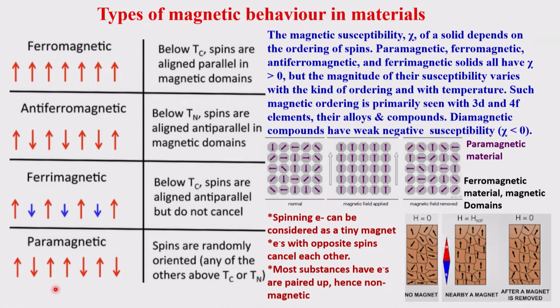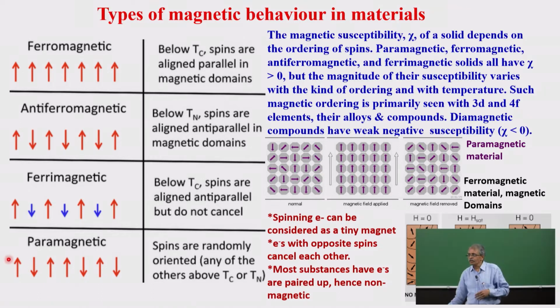Okay, paramagnetic. These are not just simple spins, they are magnetic vectors in a true sense, which in loose terms are spoken of as spins. They are randomly oriented, but overall there is a net magnetization, because the spins or vectors in one direction are more than the sum of all the other directions.